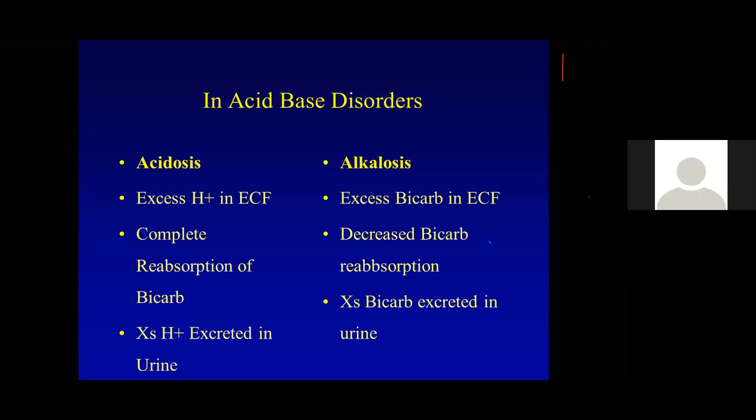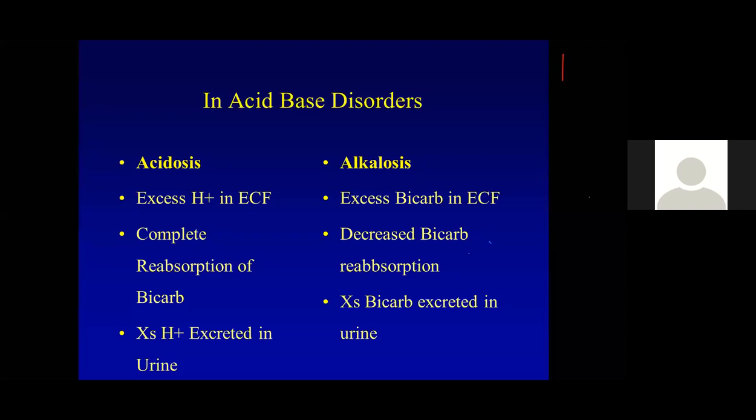Whatever hydrogen ion is in excess, it will try to excrete out in the urine. That is what the renal system will do. So in acidosis, we know the hydrogen ions are more, so it will try to excrete them in the urine. Whenever there is alkalosis, it is the opposite.